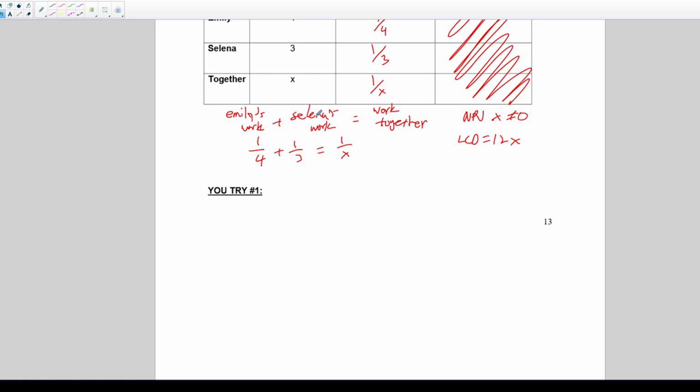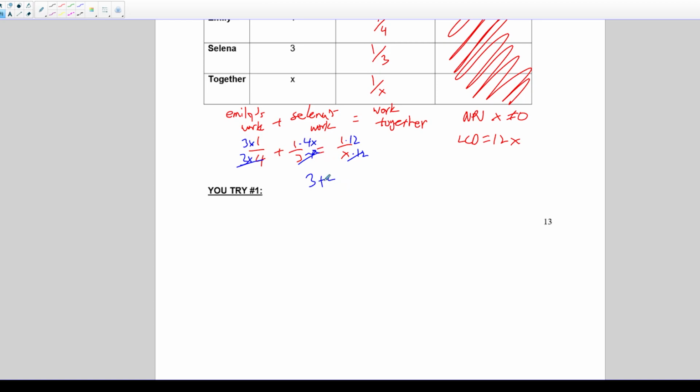So from here, it's pretty straightforward to see that we're just going to multiply this by 3, multiply that by 3, multiply this by 4, and then multiply this by 12 on the top and the bottom. We can get rid of our common denominators here. So we'll have 3 plus 4 is equal to 12. Oops, I'm forgetting some x's here.